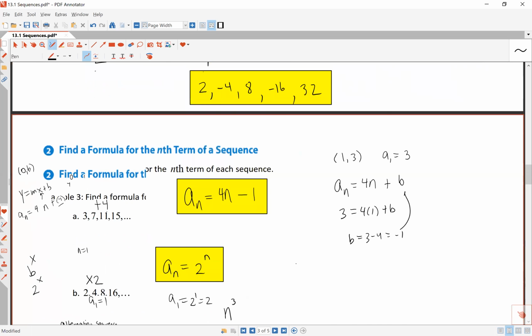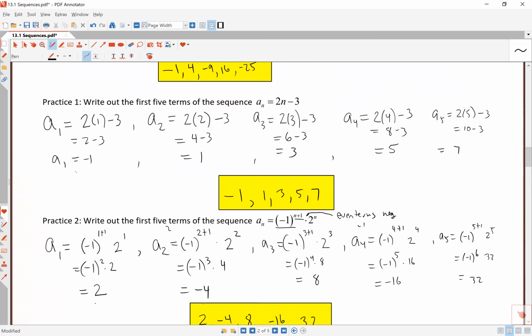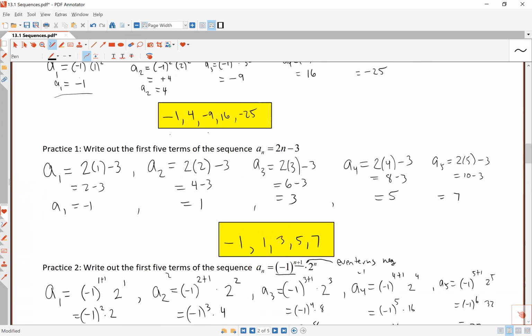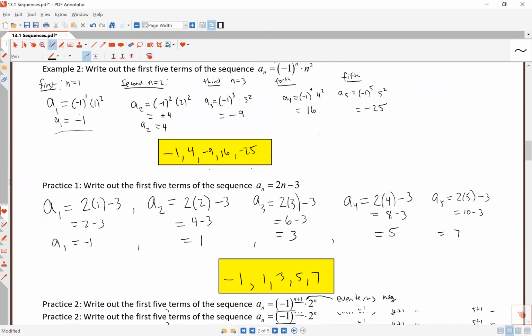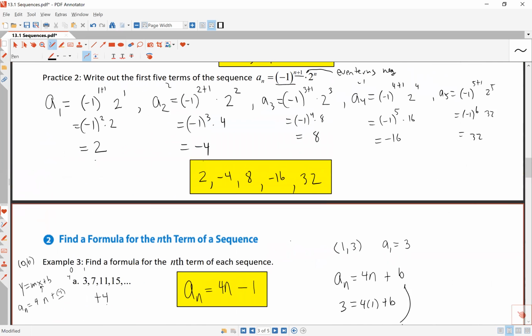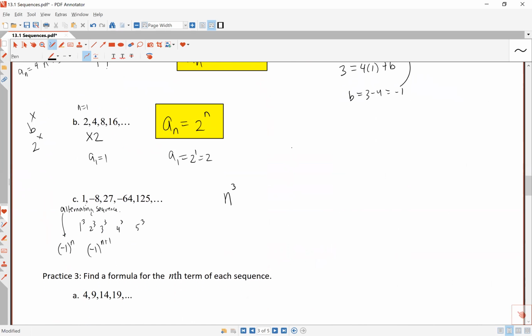So again, I remind you from the previous objective that if the first term and the third and the fifth are negative, then we use -1 to the nth. But if the second, fourth, and sixth are negative, then we use an n plus 1.